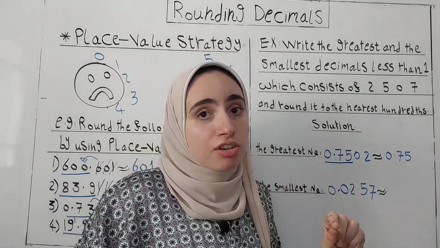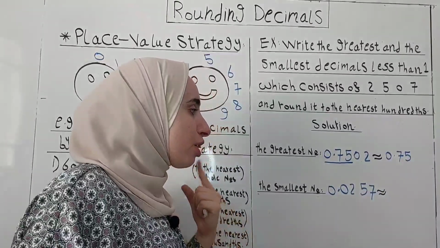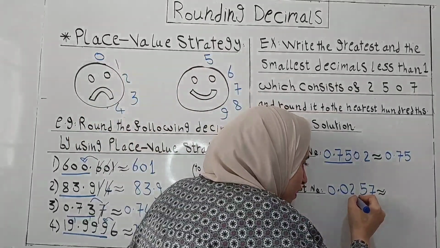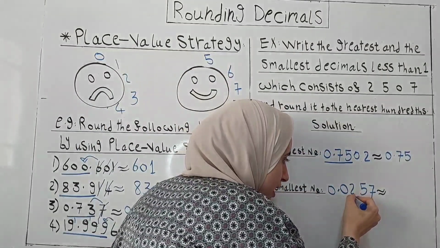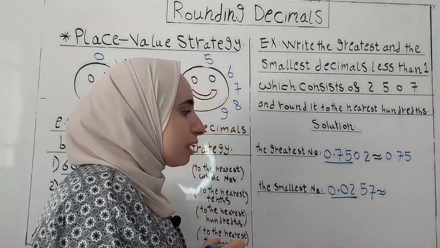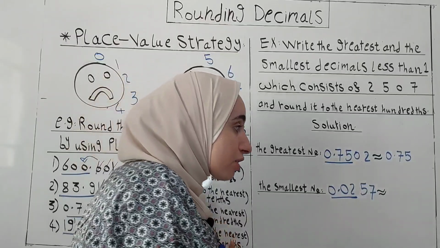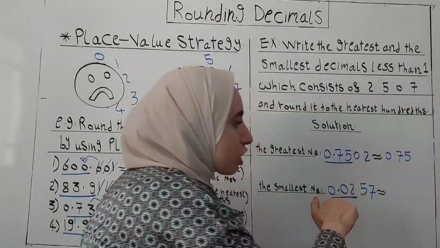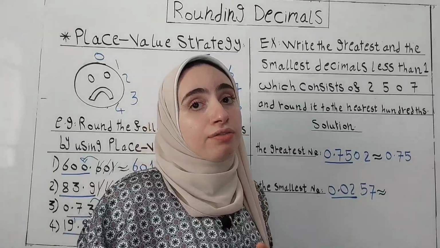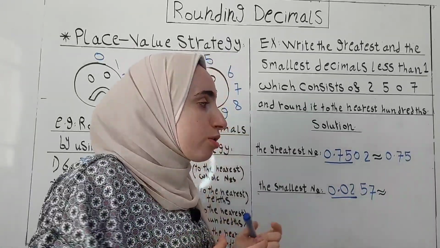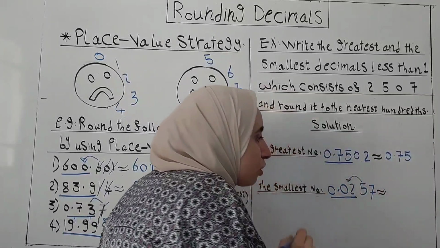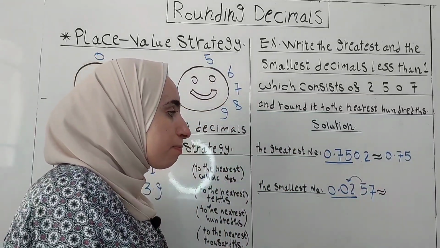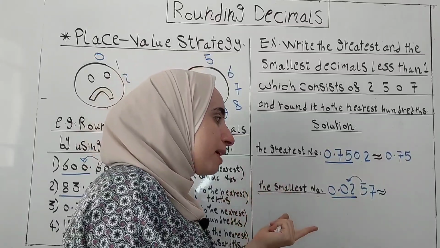The second one, we need to round this number to the nearest hundredth. We look for the digit in the hundredth place, which is 2. So we underline the digit 2 and all digits in the next higher place. Now we look at the digit in the next place, which is 5. 5 is a happy number, so we add 1 to the digit 2, and it will be 3.